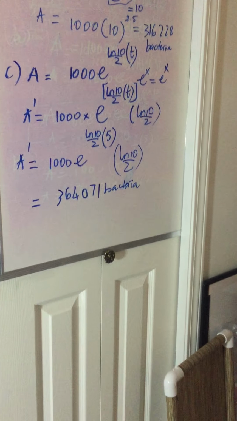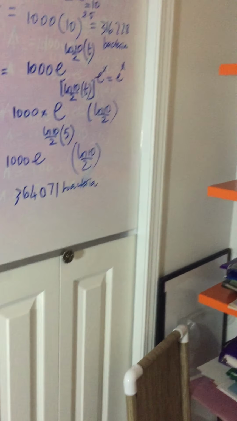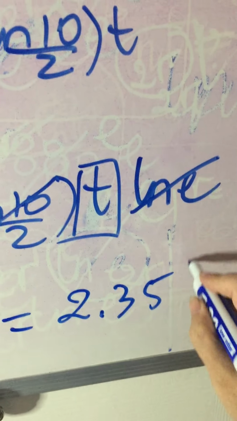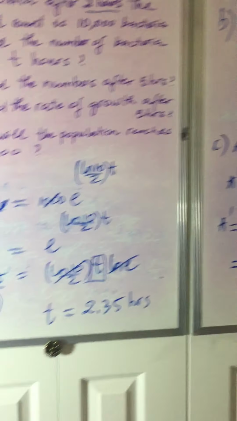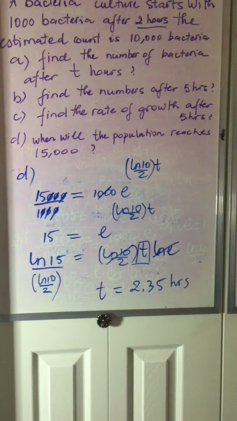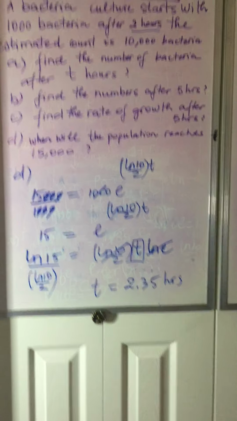So it's about 2.35. So t equal 2.35 hours. That's the answer. So that's how we solve for t for question D.